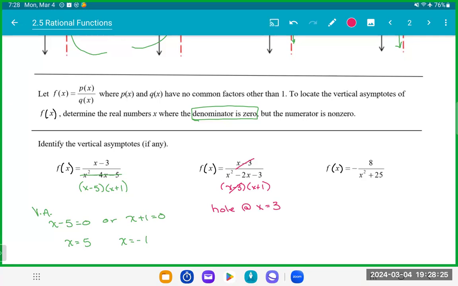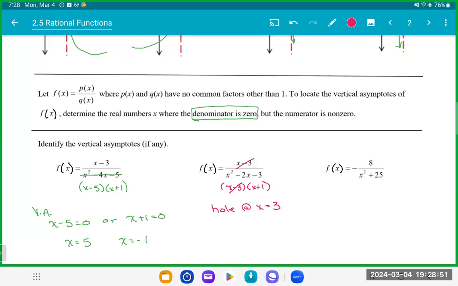Because if x equal to 3 were a solution, then we would be undefined. But in this case, because it is a factor that is already in the numerator, we actually don't stop the graph there. We let it go across, and we just put a hole in the graph at that point.